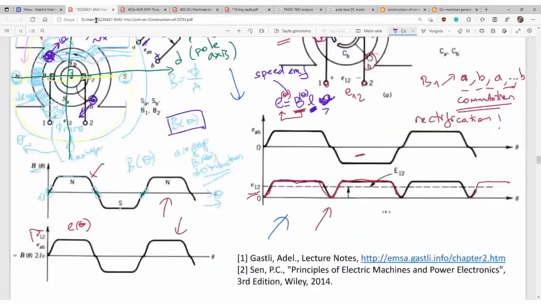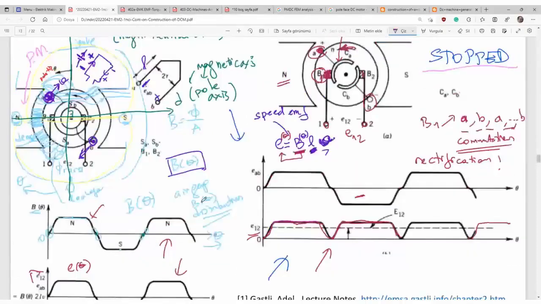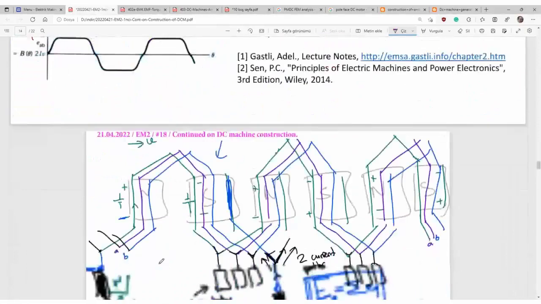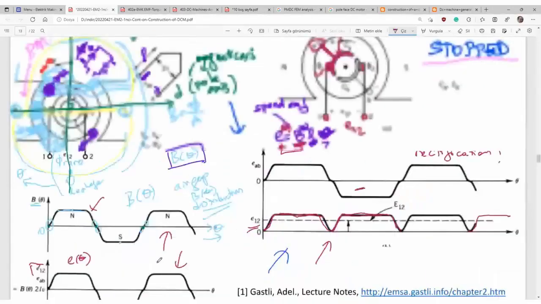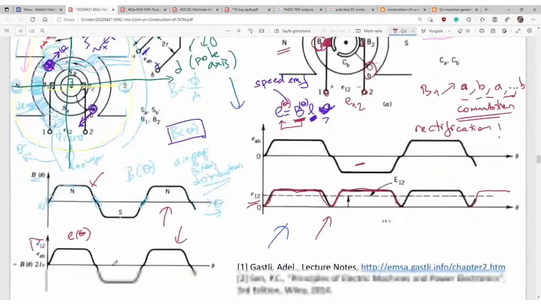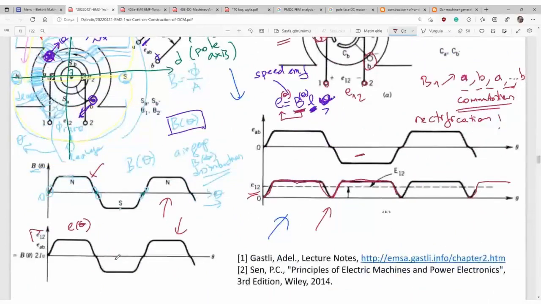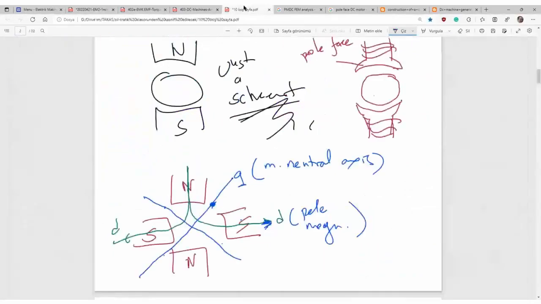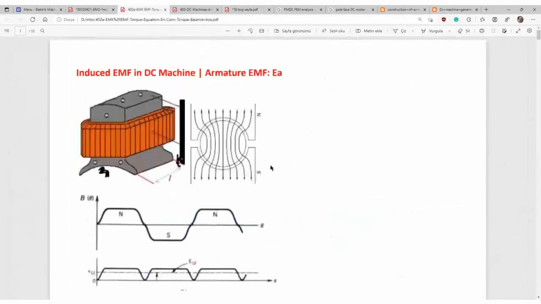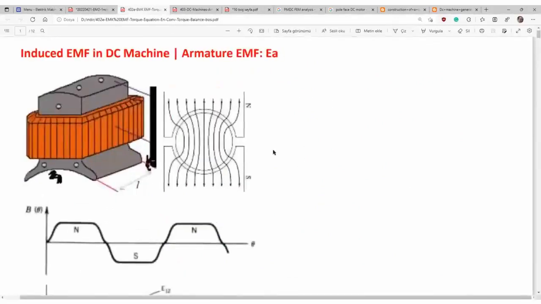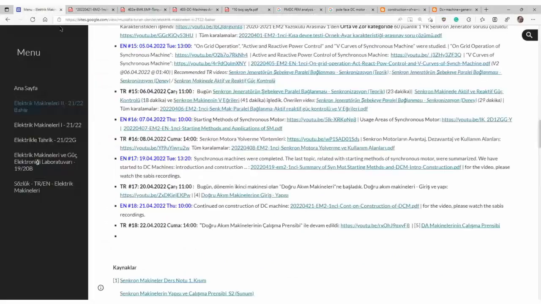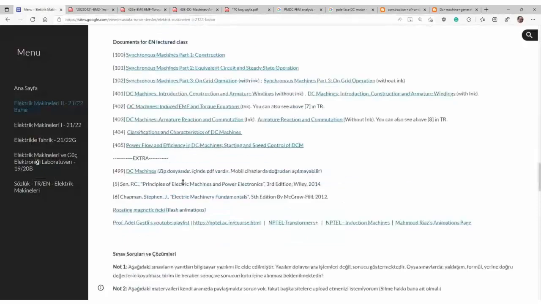Okay. I have introduced to you the waveform. Let's start today's special topic, which is electromotive force. Electromotive force in DC machine. Again, here are the notes you see, EMF and torque equations.